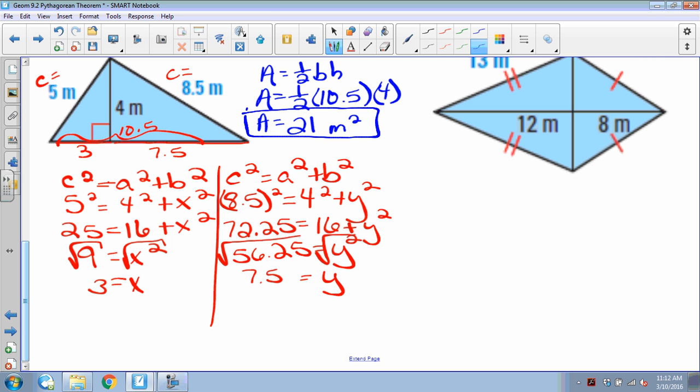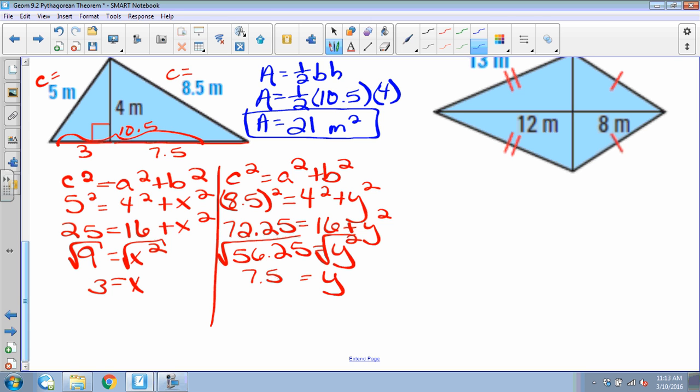Now, if you did this and you tried to say 5 squared plus 8.5 squared equals c squared, if that's how you try to find the base, you can't do that. Why can't we do that? Because it's not a right triangle. It doesn't tell us that that big triangle is a right triangle. You can only use Pythagorean theorem on right triangles.